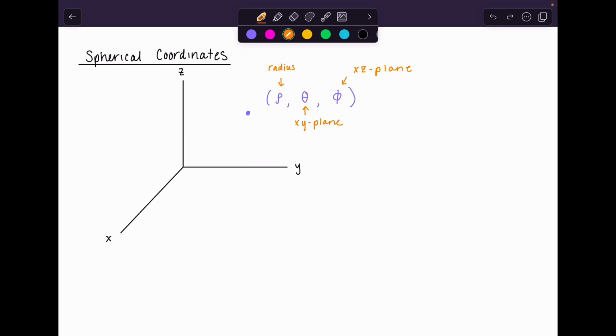Okay. So I'm going to draw a couple different pieces in here. So rho is that distance to the origin. It is our radius. Okay. Phi is the angle that this forms with the z-axis. So phi is right here, okay? And now I'm going to draw in a right triangle to help me out. So if I drop this down to the xy plane, this would be some x coordinate, some y coordinate, and 0.